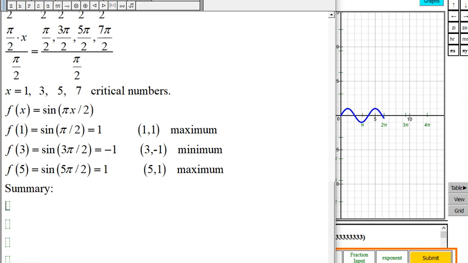So summary, critical numbers are these right here.